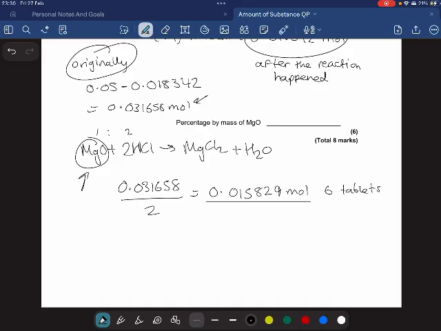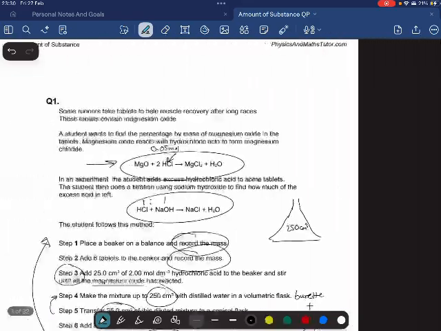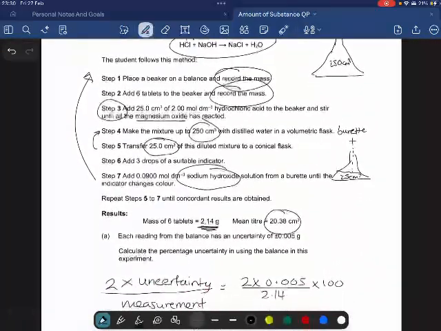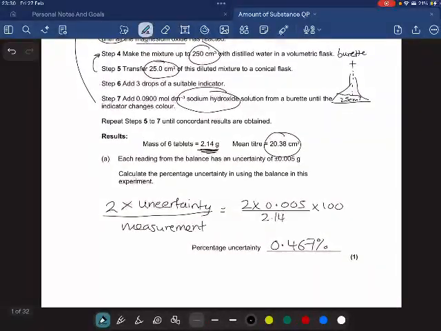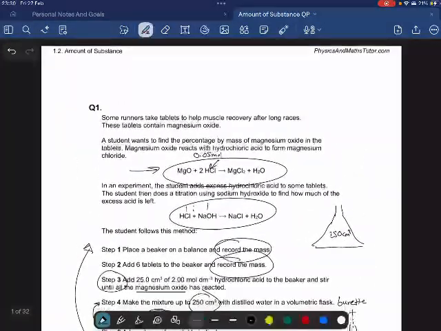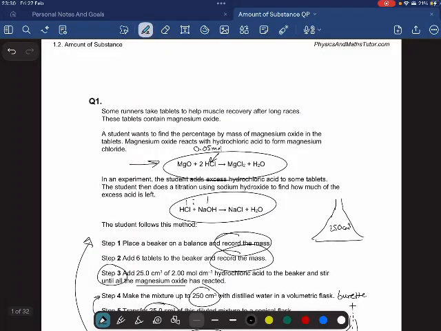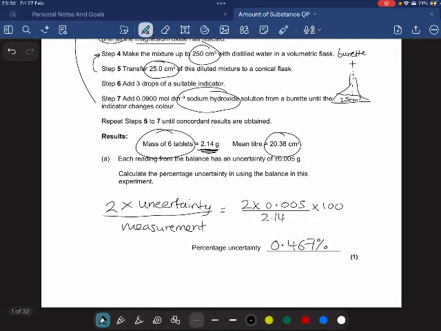This is the moles of MgO in 6 tablets, right? So we don't need to do anything by dividing by 6. Some people might be like, oh yeah, don't you divide by 6 now to find the mass in 1? Well, no, because it's asking us for the percentage by mass of MgO, but we used the mass of 6 tablets. We used this 2.14 grams, right?